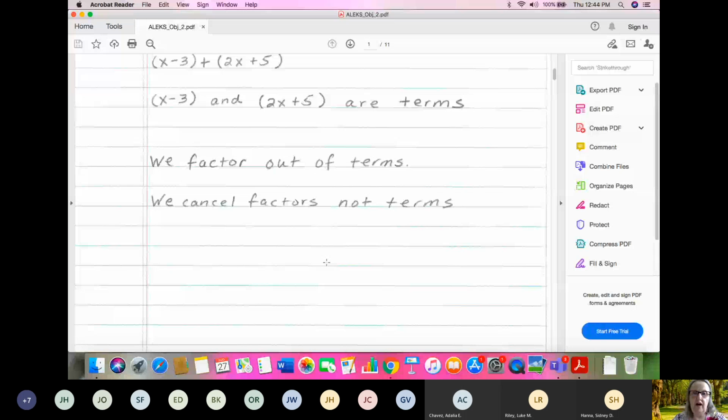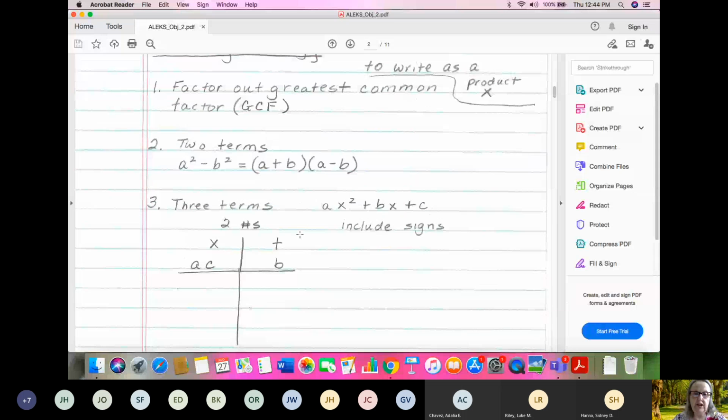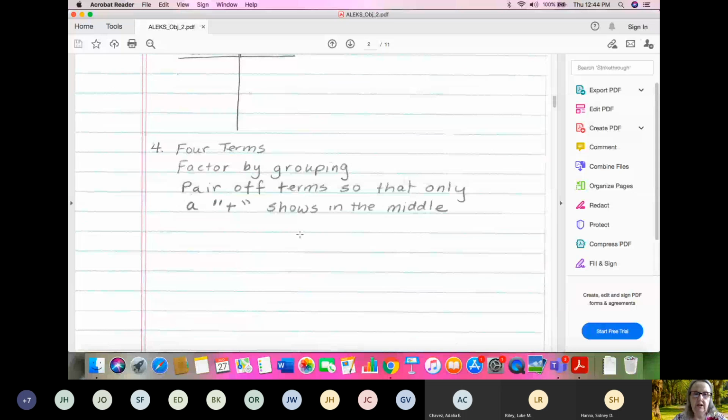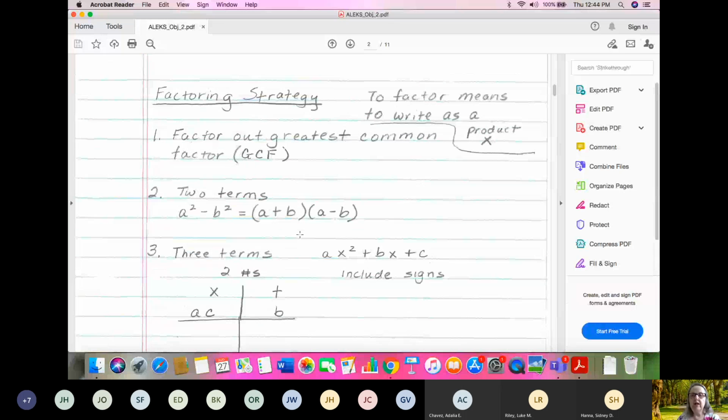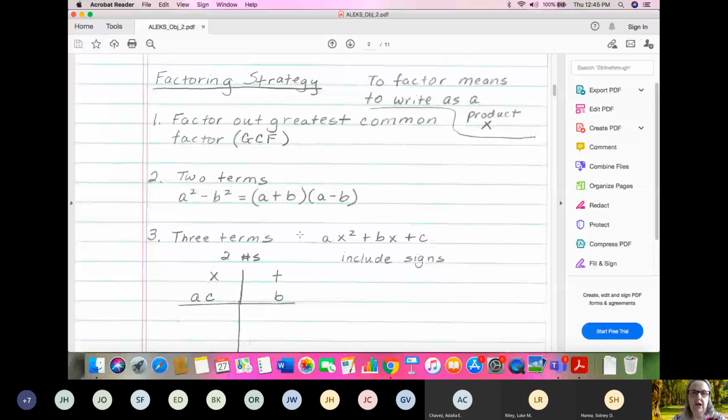So this is an overall factoring strategy, and let's go over this a bit. It's really hard to write down steps for all the factoring processes because there are so many of them, and they can get so technical, but I will do my best to let you know what to do.